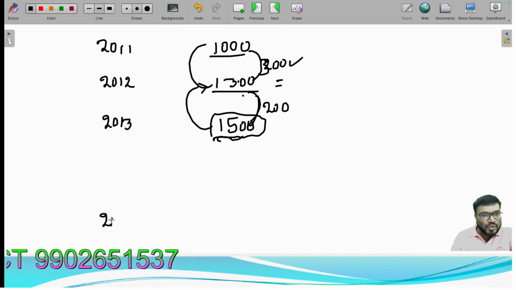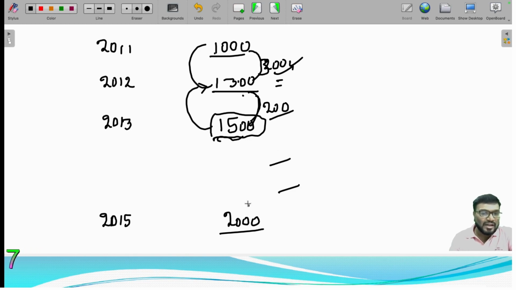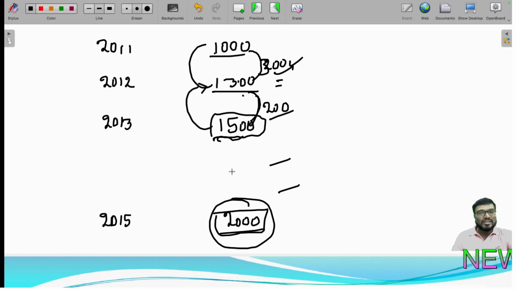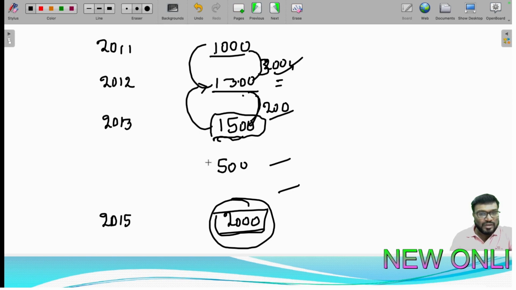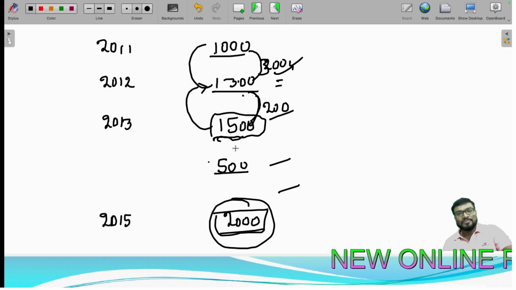Same thing for 2015, for example, the value will be 2000. It includes 2014 plus this plus this, everything is included. It's a total value. If I add all these increases, for example 500 more members, it will be 2000. That is the meaning of cumulative DI.